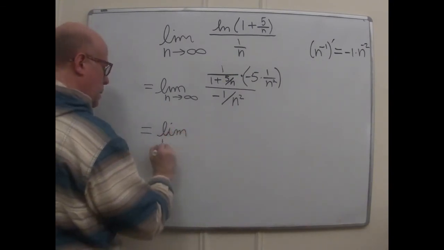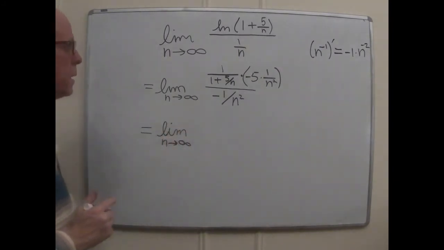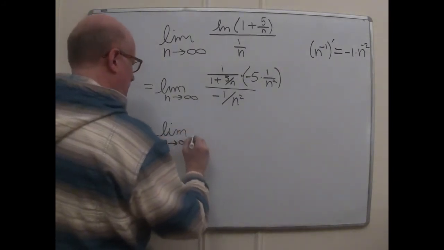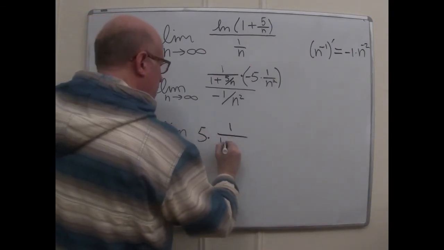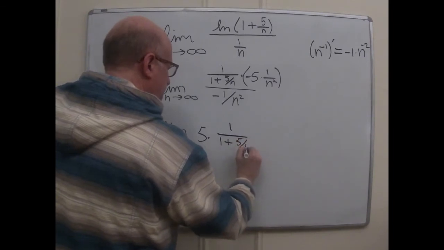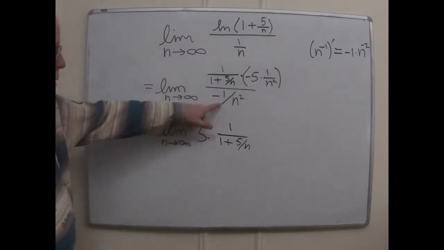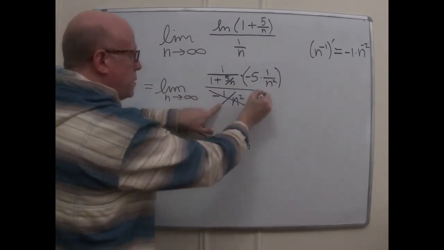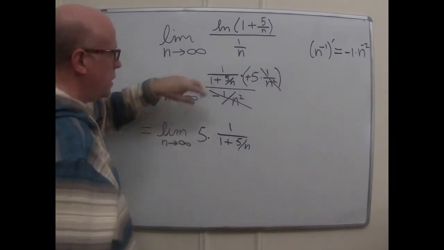There we go. So we'll have 5 times 1 over 1 plus 5 over n, because this thing canceled with this thing and that minus sign. So we're down to a single fraction.